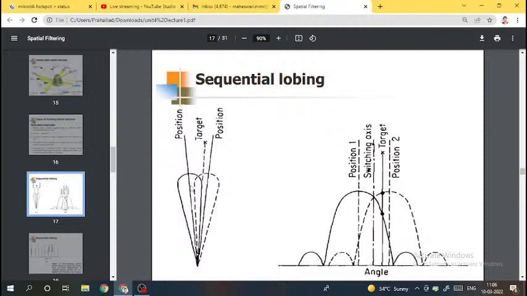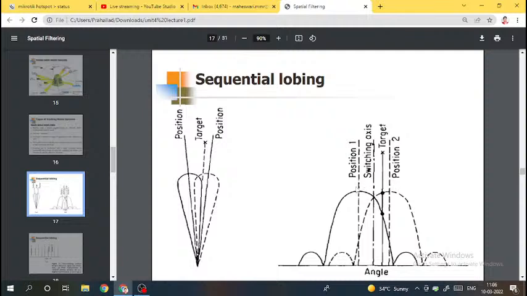The lobe will be switched to two positions. Suppose this is the switching axis, and this is position 1 and this is position 2. Suppose your target is here. If you calculate the received amplitude, which position will give the maximum amplitude? The one very near to the target, so position 2 will have higher amplitude compared to position 1.